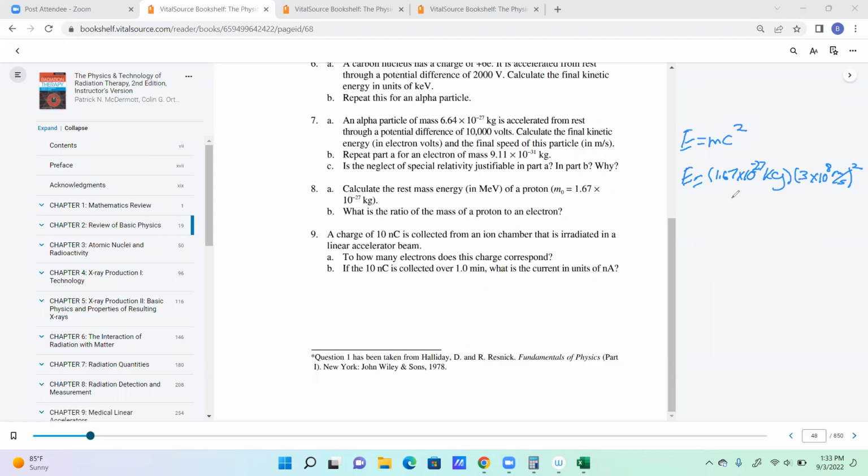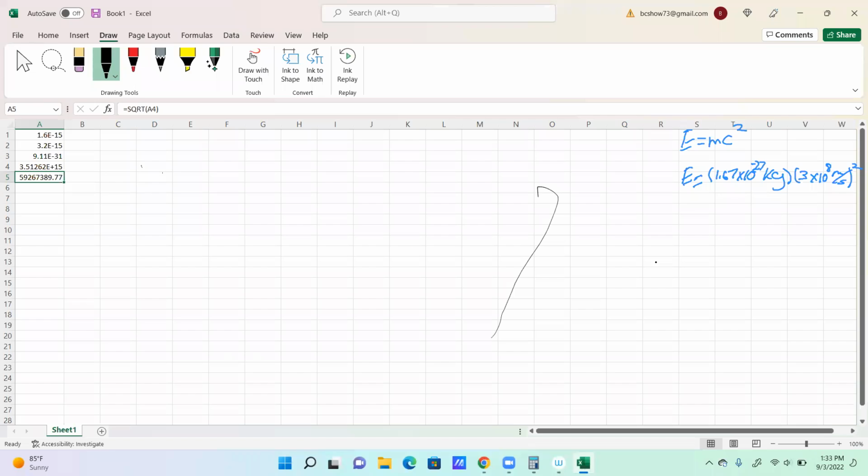So again, I'm going to go to Excel and try to multiply this out. Equals 1.67 times 10 raised to the minus 27, and the speed of light equals 3 times 10 raised to the 8th.